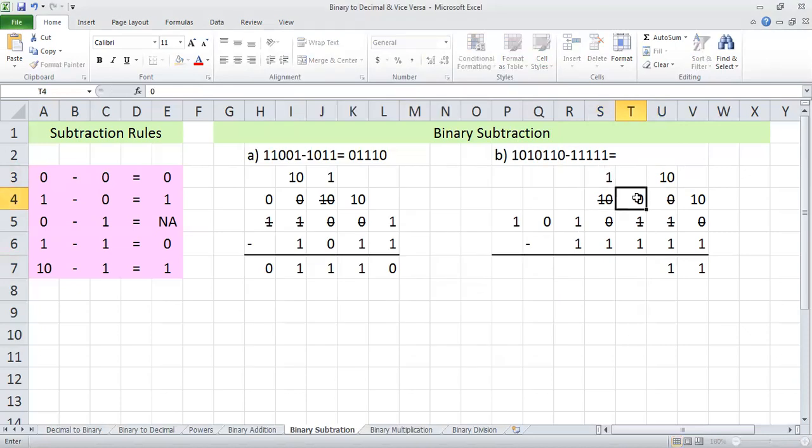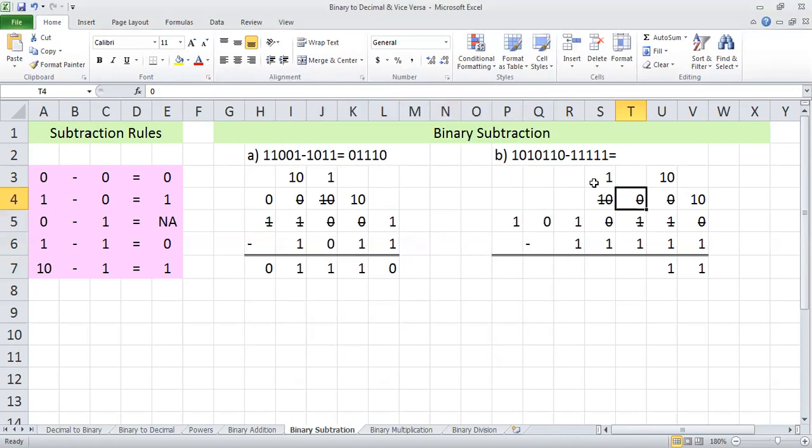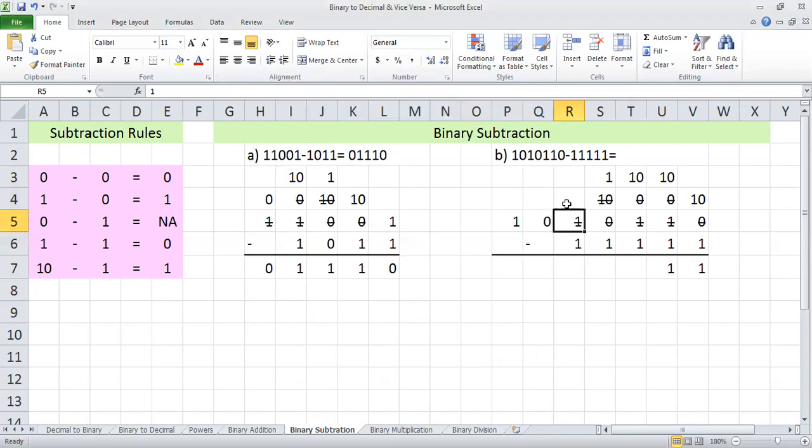And this number will become 10. And we have taken a borrow from here, so this will become 0. Now let's solve. 10 minus 1 is 1. 1 minus 1 is 0.